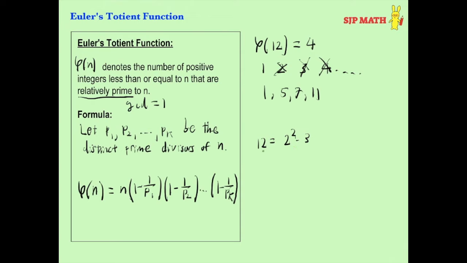By the totient formula, totient of 12 is equal to 12 times 1 minus 1 half times 1 minus 1 third. That gives us 12 times a half times 2 thirds, which is equal to 4. So we can see that this totient formula actually works.